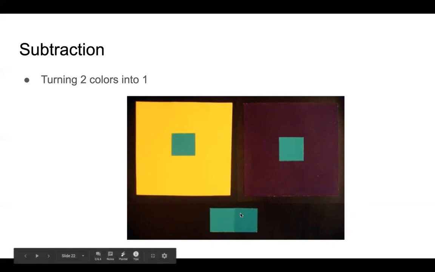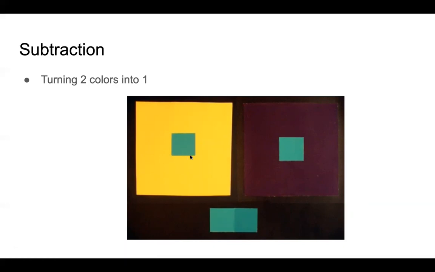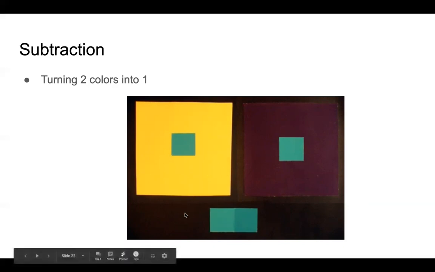You see these two, they're different values. And so we're really trying to subtract enough of this value to make them look similar. And even still, it's not quite perfect, right? This still looks a little bit darker.